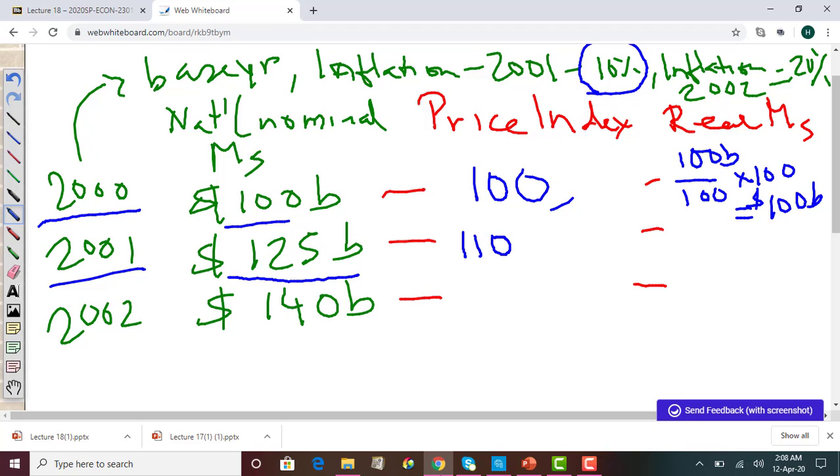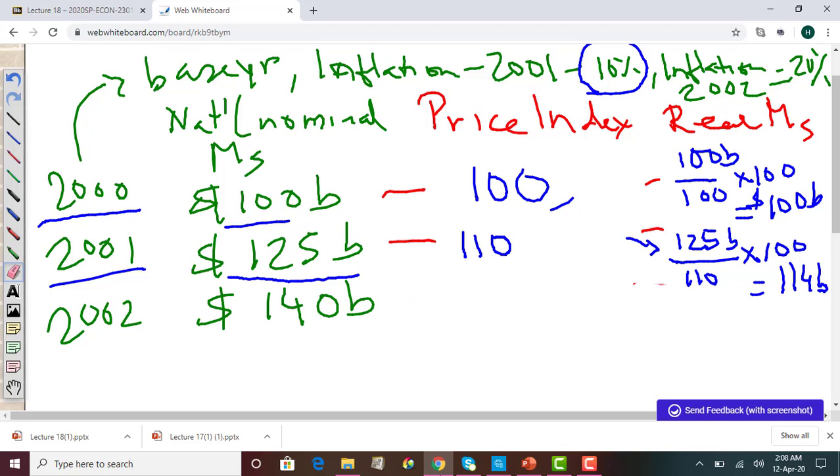In this case, real money supply will be equal to 125 billion, your nominal money supply, divided by 110 times 100, which is equal to 114 billion. Okay, so that is the real money supply in 2001.